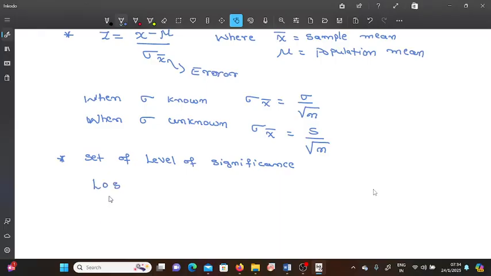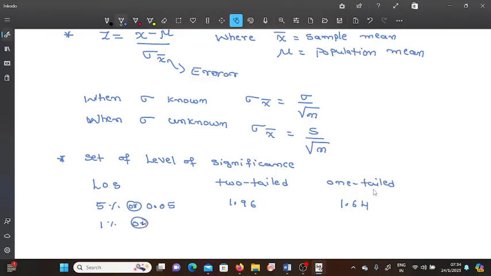If we consider the 5% or 0.05 level of significance, the tabulated value of Z is 1.96 for a two-tailed test and 1.64 for a one-tailed test. Similarly, for the 1% or 0.01 level of significance, the value of Z is 2.58 for a two-tailed test and 2.33 for a one-tailed test.